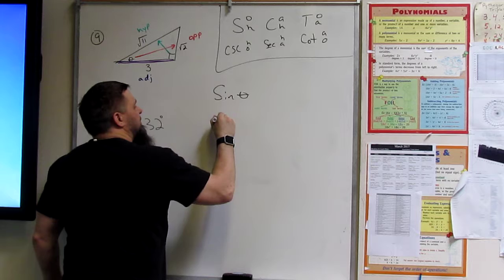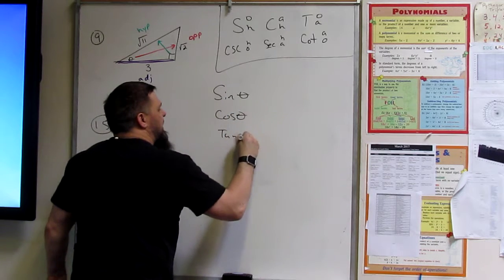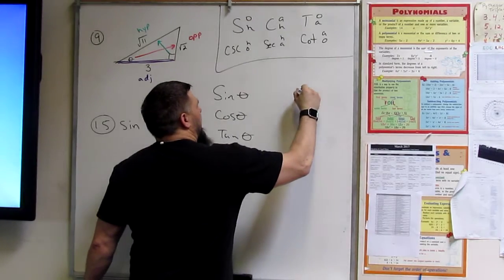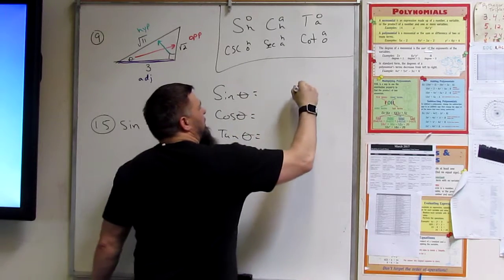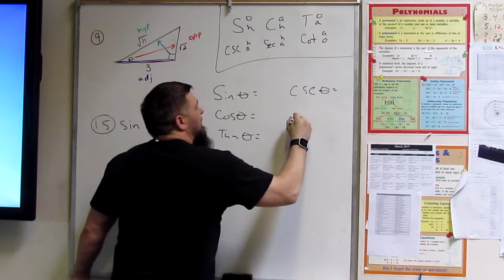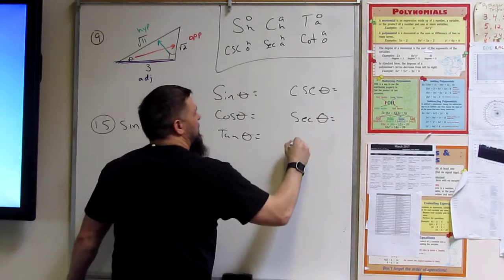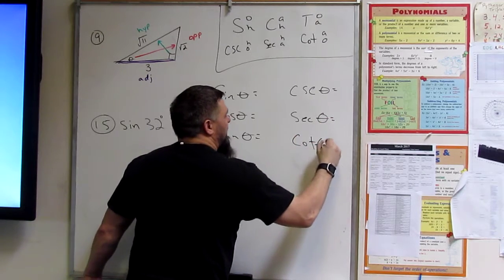From there, I should be able to do sine theta, cosine theta, tangent theta, and then cosecant theta, secant theta, and cotangent theta.